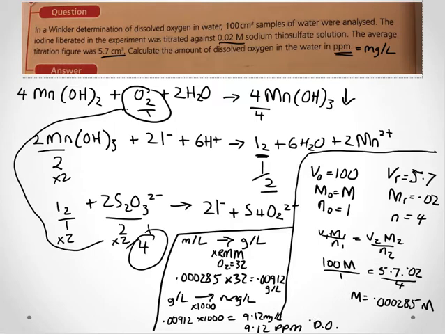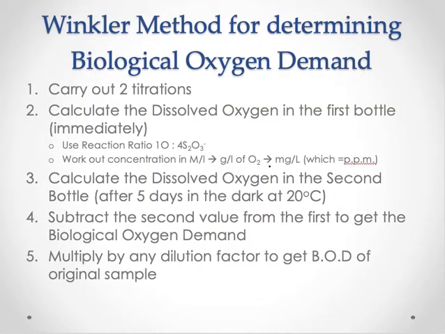So that's your second example, where you're working out the dissolved oxygen from a set of titration results. Now, just to flick back to our earlier example, so far we've done a calculation where all we had to do was subtract. We were given the 2 dissolved oxygens, and all we had to do was subtract the day 5 dissolved oxygen from the day 1 dissolved oxygen and multiply by a dilution factor.